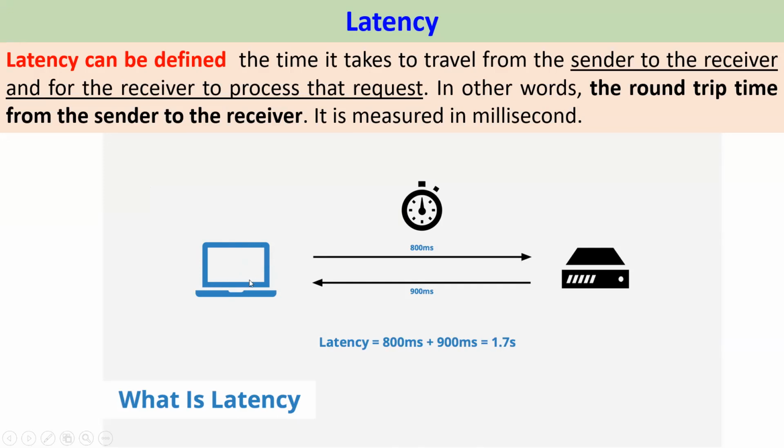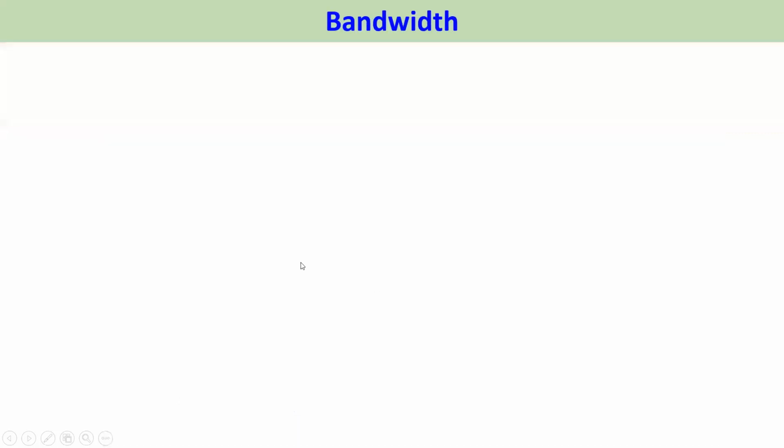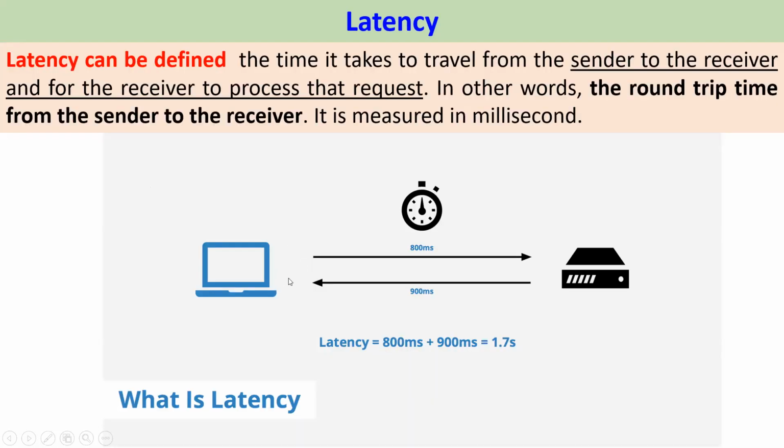Starting from this end, it finishes its travel at the other end, the device on the right end. It takes 800 milliseconds. Then the right end gives the feedback response, and to get the response to the computer it takes 900 milliseconds.